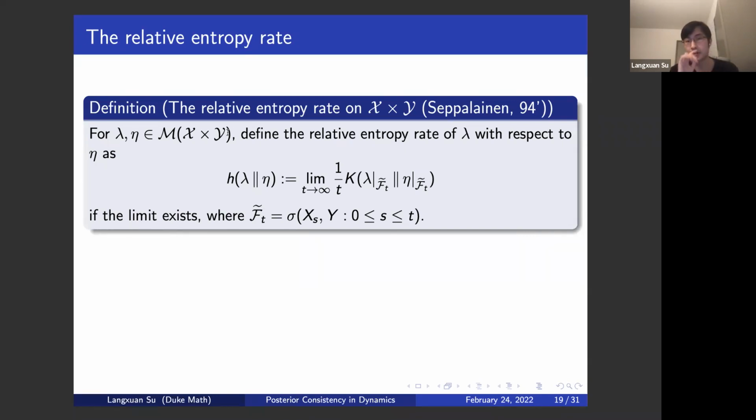For measures on X and Y, we still have the same limiting definition of the relative entropy rate, but we change the sigma algebra to include the space Y. For space X, we only have the sigma algebra up to time t, but now we include the whole sigma algebra of Y. Because we don't assume any structure on Y, but we assume X is a path space, the nice thing about path space is that you have this nice partition of the space by the sigma algebra up to time t, but in general, you don't have this kind of nice partition for a general dynamical system.